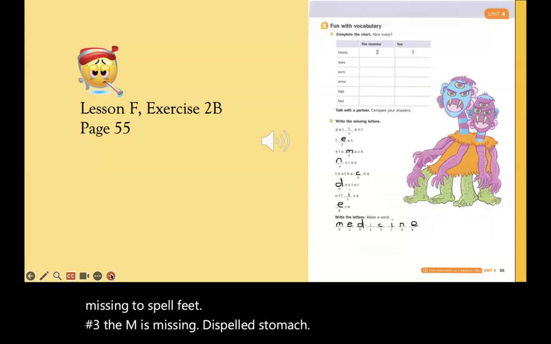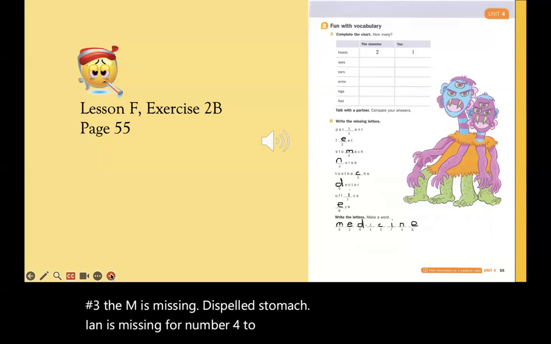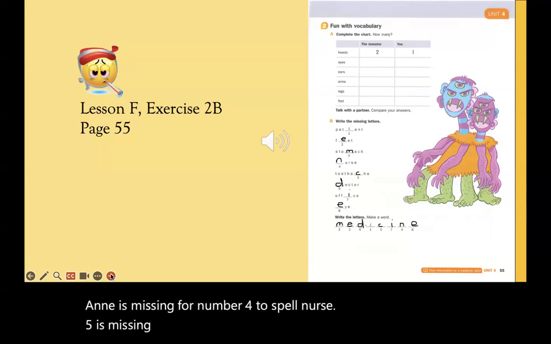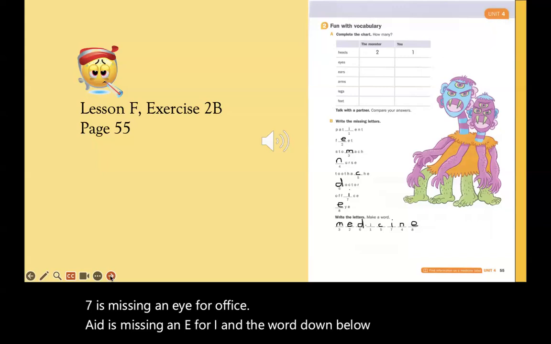N is missing for number 4 to spell nurse. 5 is missing a C to spell toothache. 6 is missing D for doctor. 7 is missing an I for office. 8 is missing an E for eye. And the word down below is medicine. How did you do?